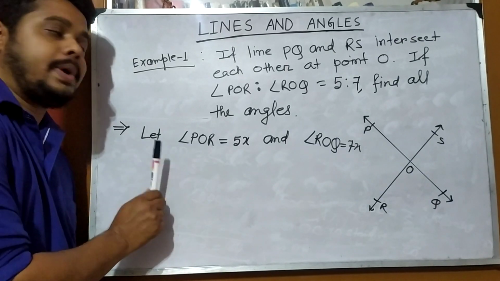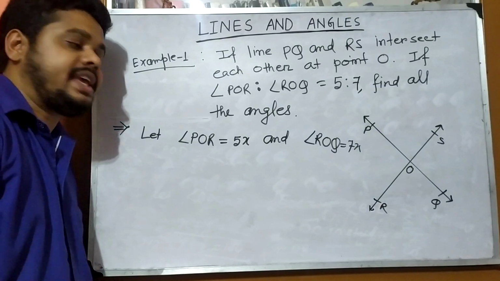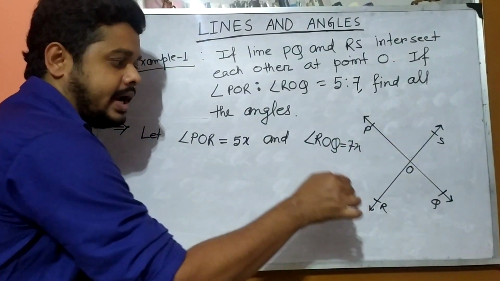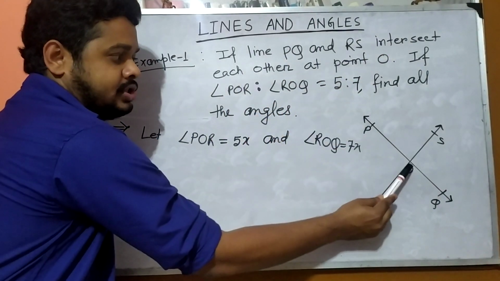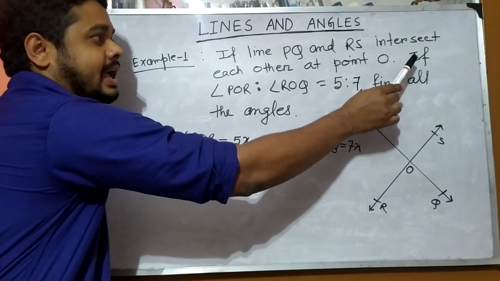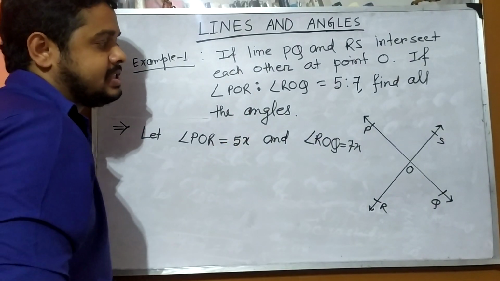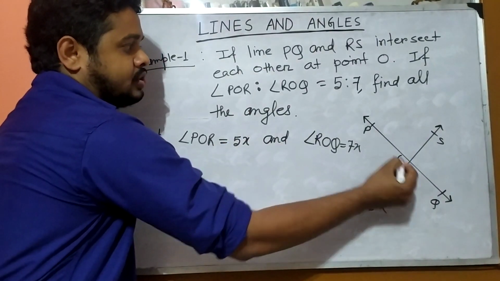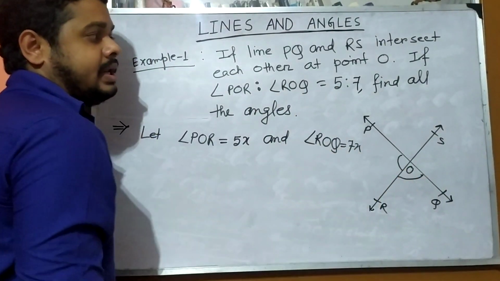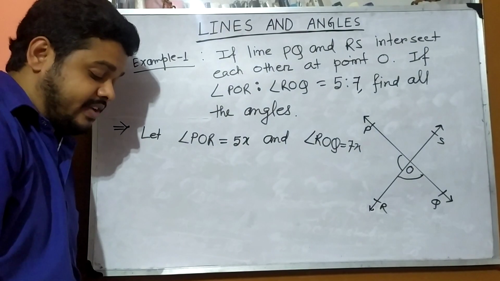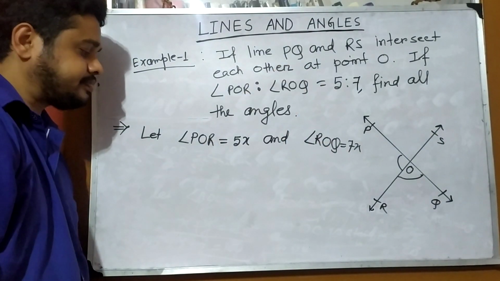Now, example 1 from your NCERT book. If lines PQ and RS intersect each other at the point O, and if angle POR to angle ROQ, that means this one to this one, is 5:7, then find all the angles.